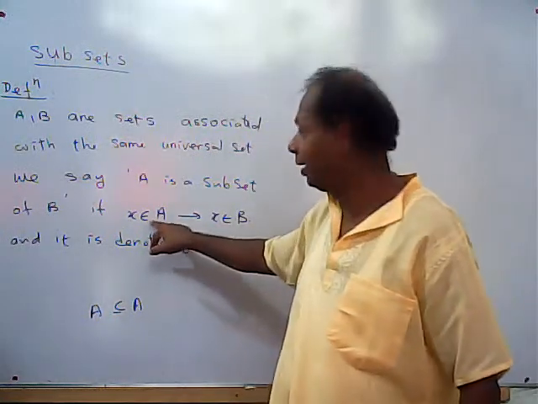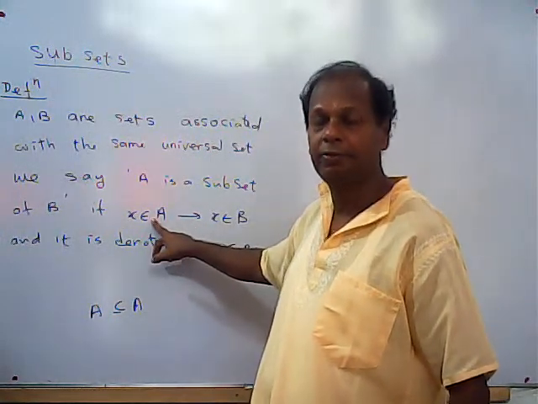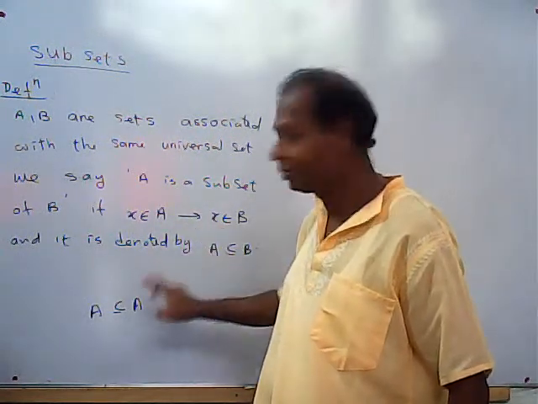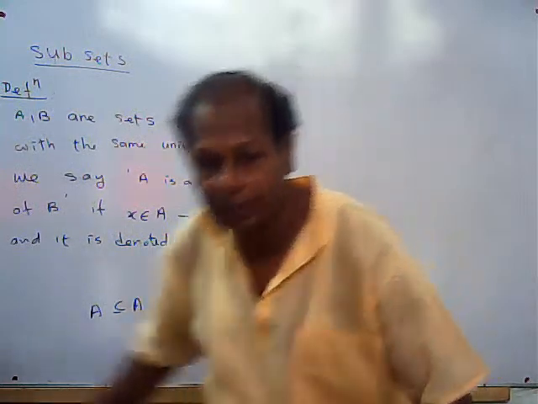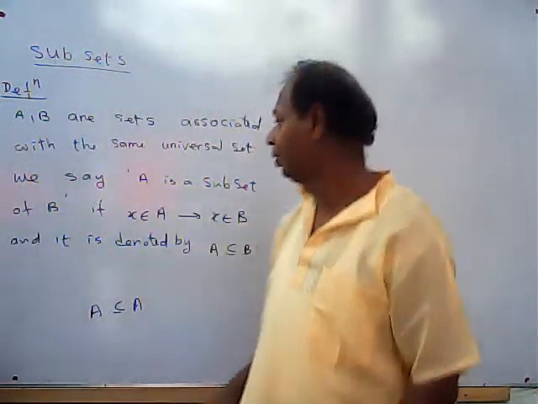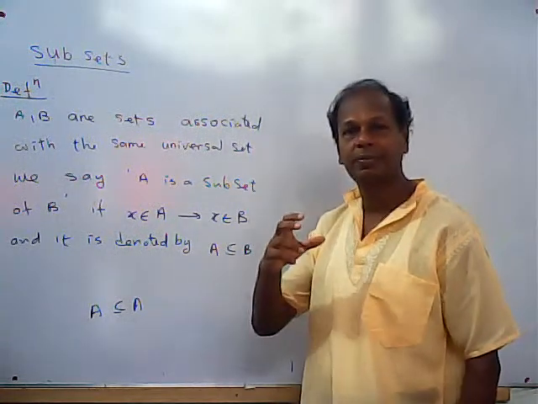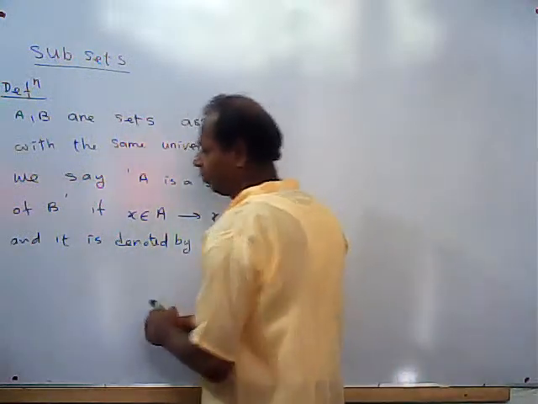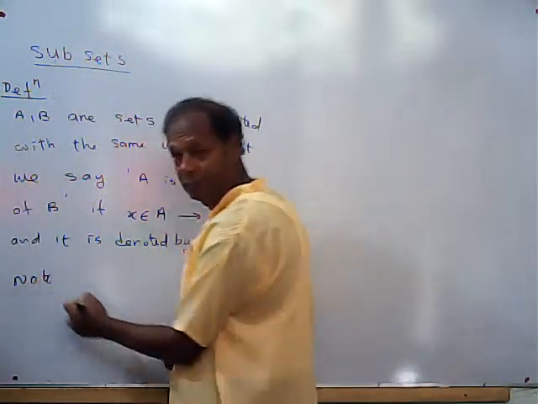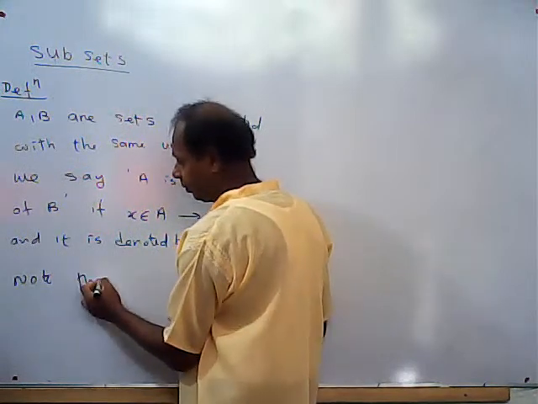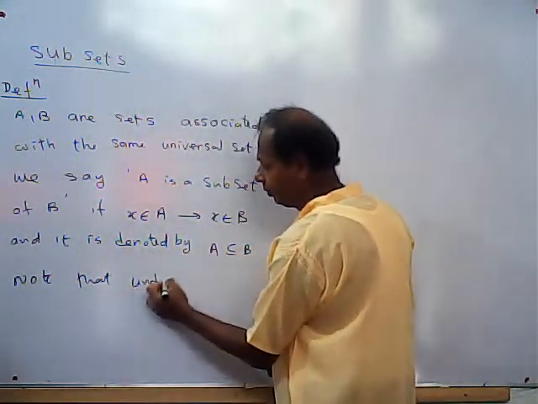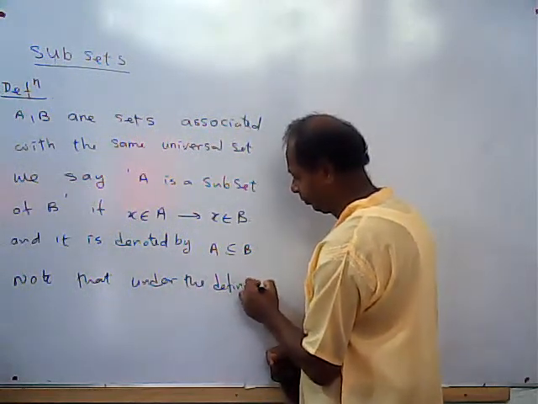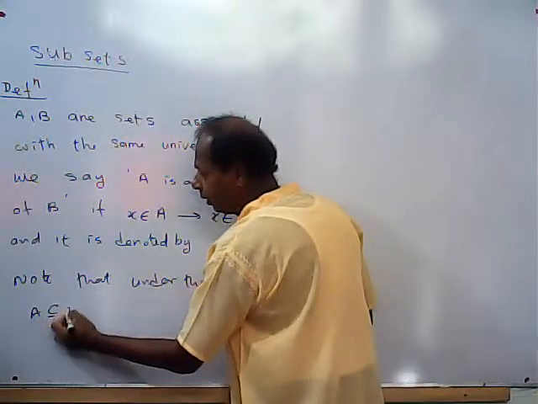The definition is anything in A: if anything in A is in B also, we say it's a subset of B. So isn't it valid for A and A? Yeah. So note that under the definition, A is a subset of A also, right?